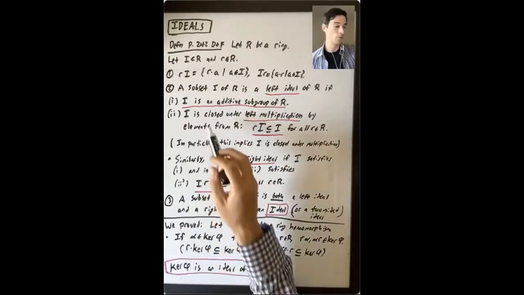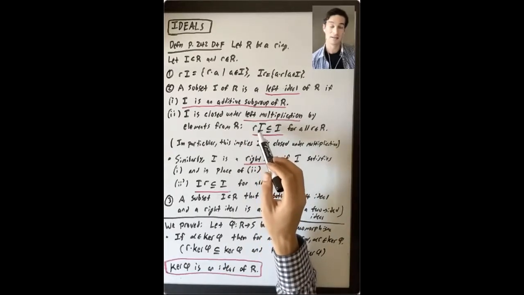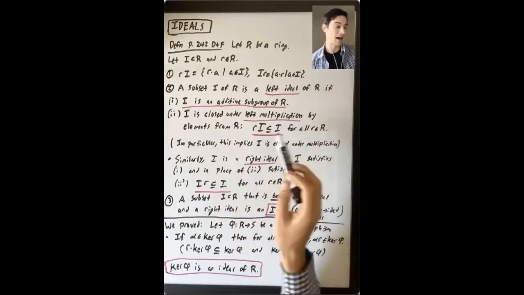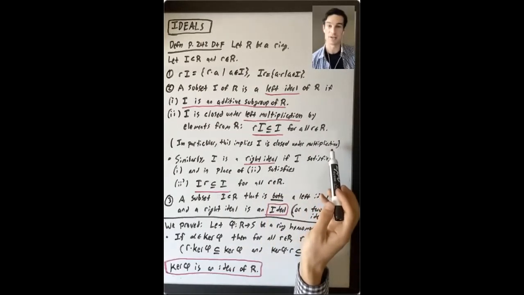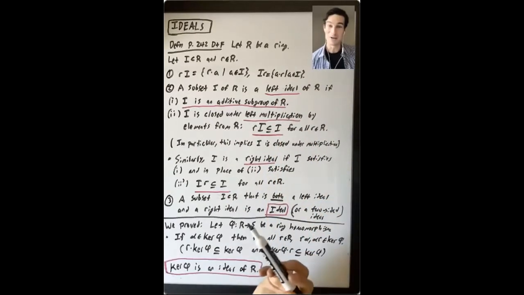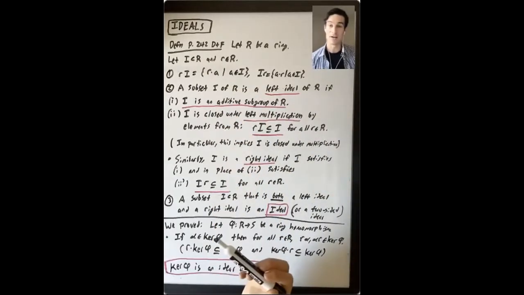So let me emphasize one thing that this tells you: if you take r to be an element in I, then you take the product of any two elements in I and you land back in I. So in particular, this implies that I is closed under multiplication. So it's an additive subgroup of R closed under multiplication. In Dummit and Foote language, this makes I into a subring of R. But with Conrad's definitions, I doesn't get to be called a subring unless it contains the multiplicative identity of R.